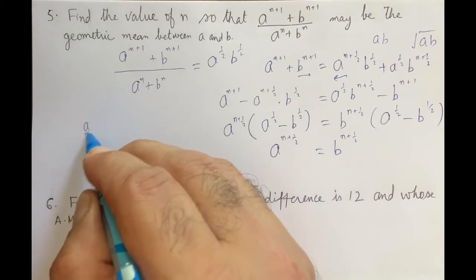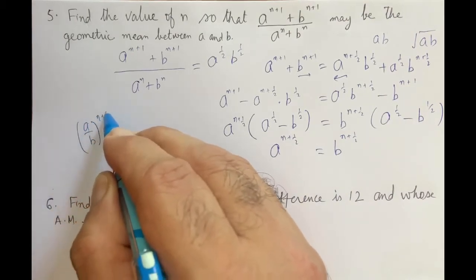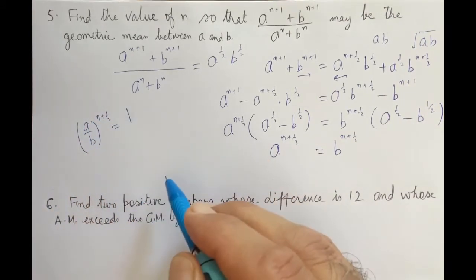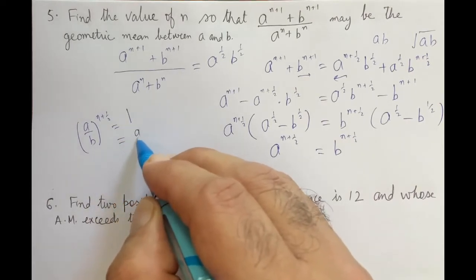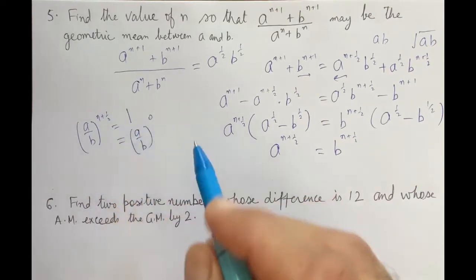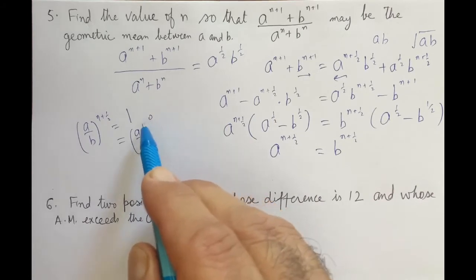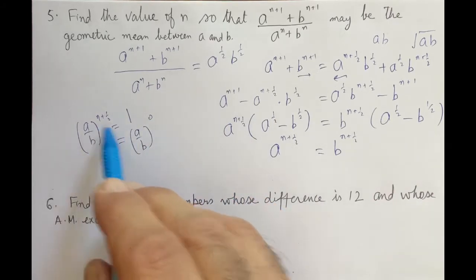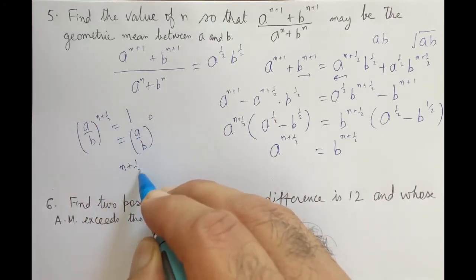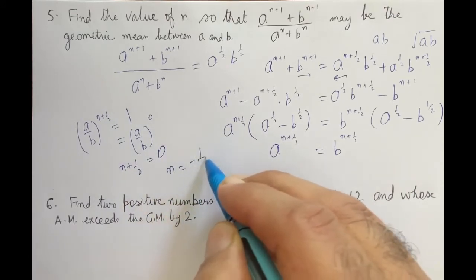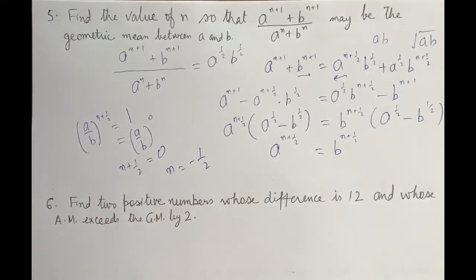That is (a upon b) raised to n plus 1 by 2 is equal to 1. Now this 1 can be written as (a upon b) raised to 0. You know students, anything raised to 0 is 1. Now comparing exponents, n plus 1 by 2 is 0, or n is equal to minus 1 by 2.